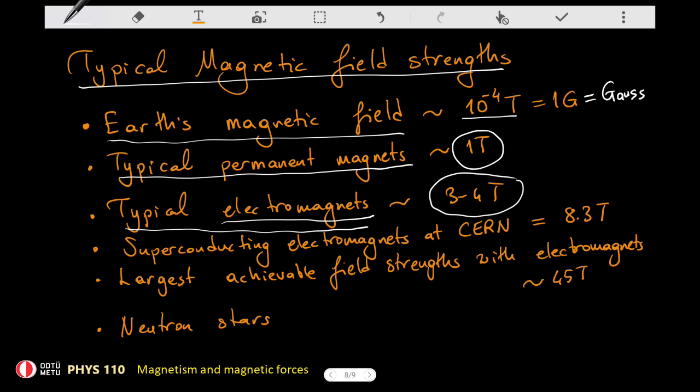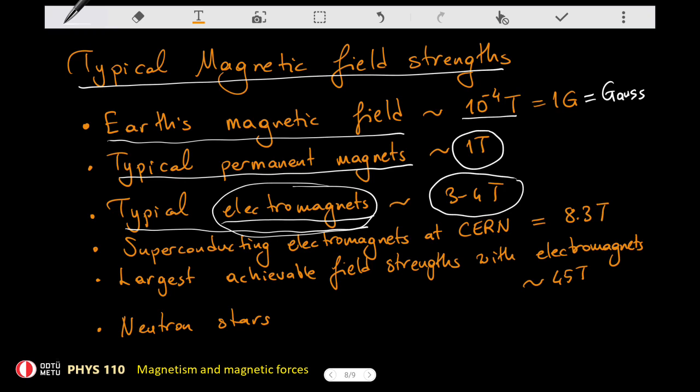And of course, in some applications, we need even bigger magnetic field strengths. But the problem is that for electromagnets, you have to pass large currents through the coils, and because of ohmic heating it's not possible to do that continuously for a sufficiently long amount of time.